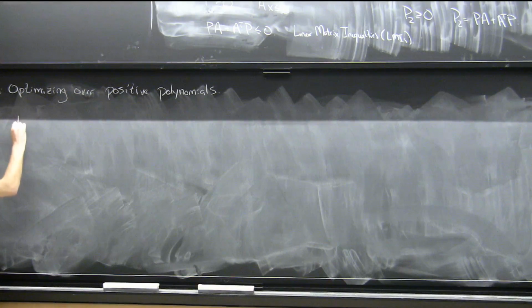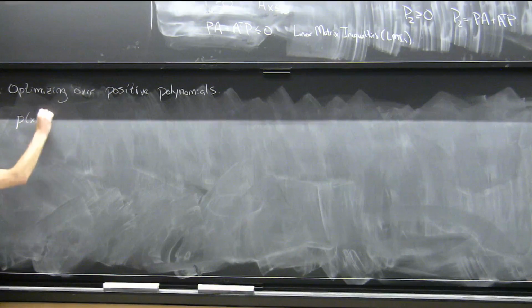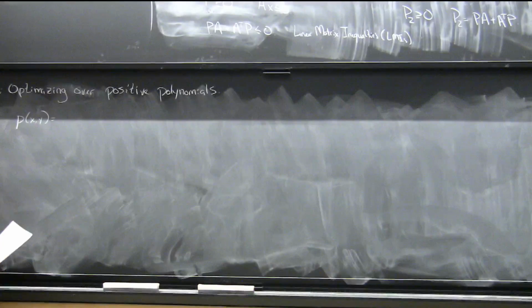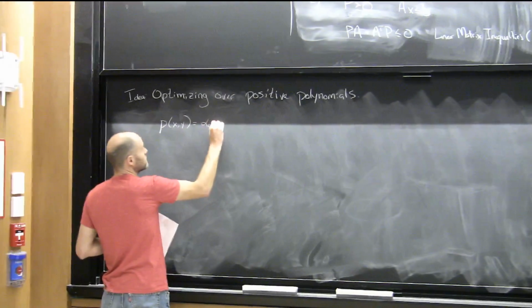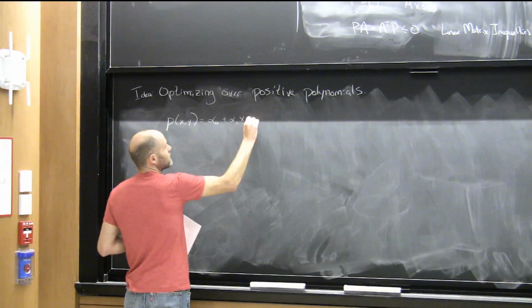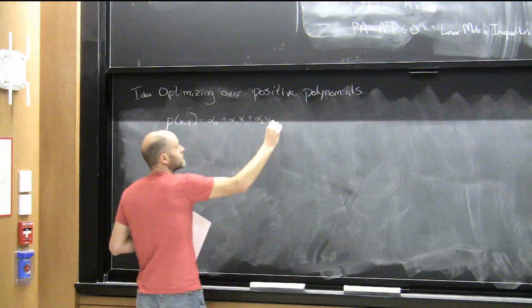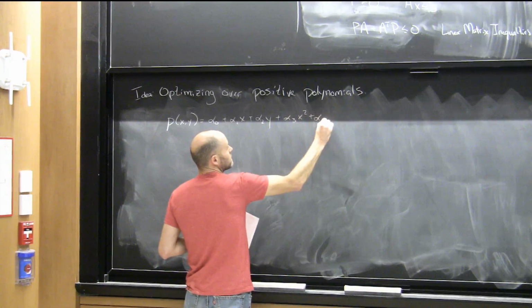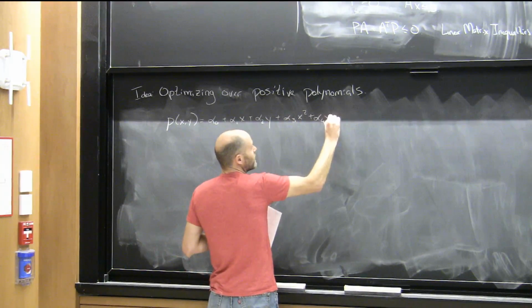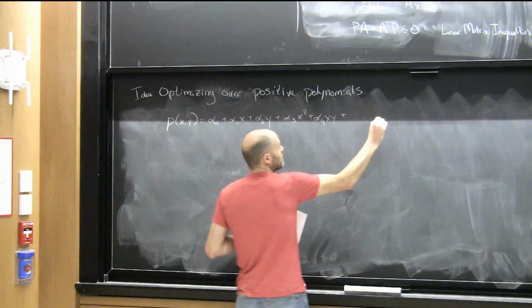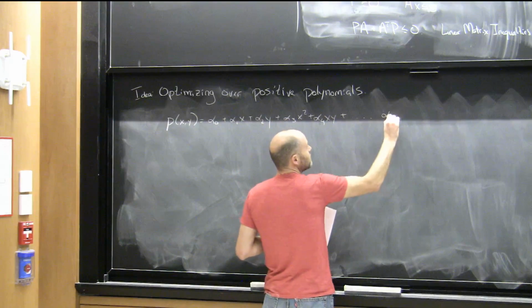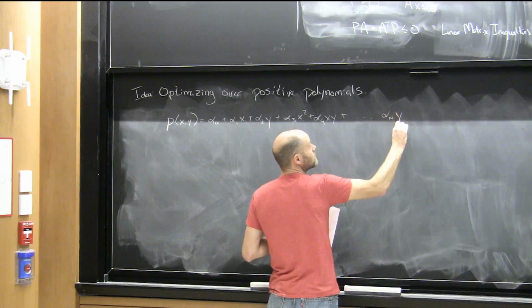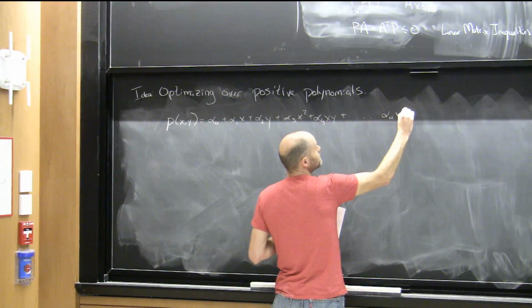So if I have some polynomial, which is linear in its coefficients, alpha 0 plus alpha 1 x plus alpha 2 y plus alpha 3 x squared, let's say. I can go on and on, but I do want it to have a finite number of coefficients.